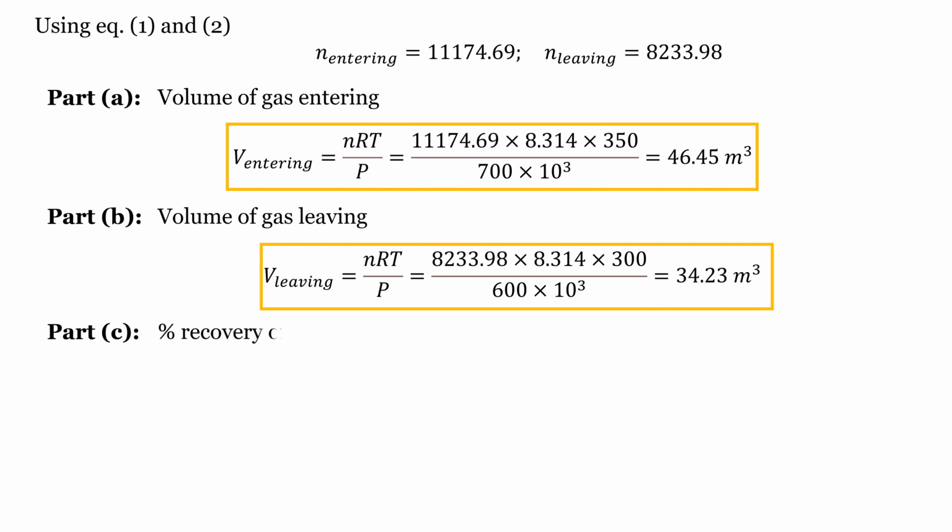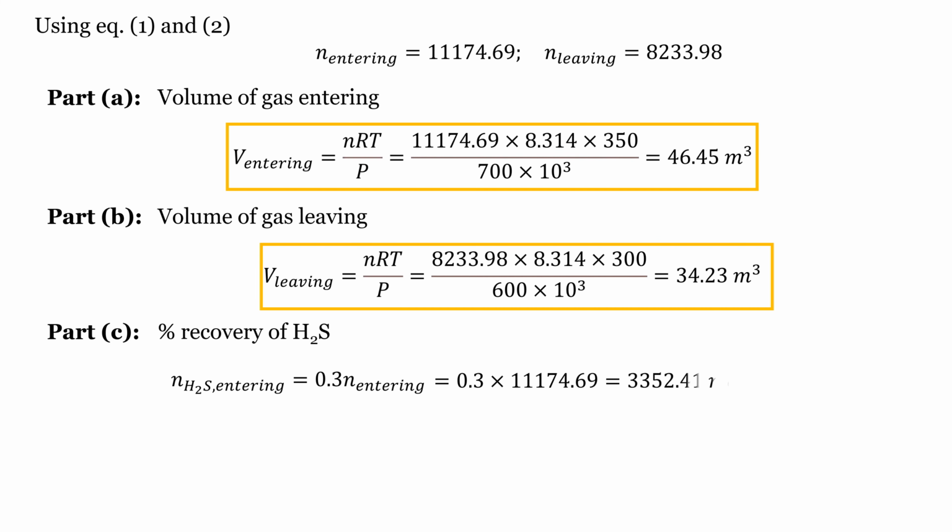In part C, we need to estimate the percentage recovery of H2S. So we will estimate the moles of H2S entering, which was equal to 0.3 times N entering. Now we have estimated N entering, so we can estimate this, and it will come out as 3352.41 mole.